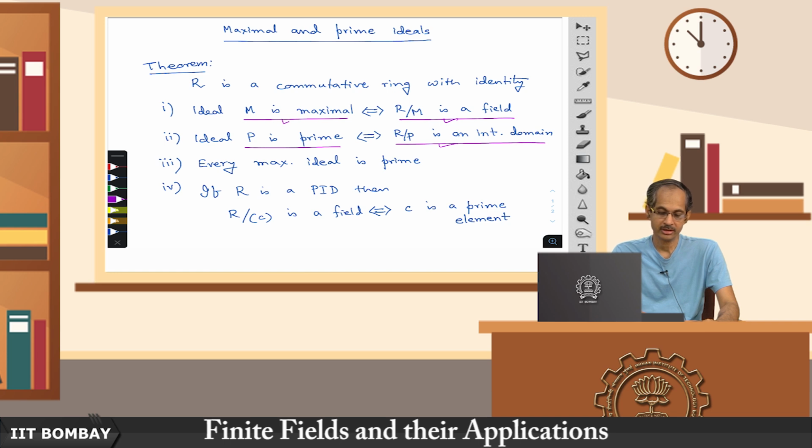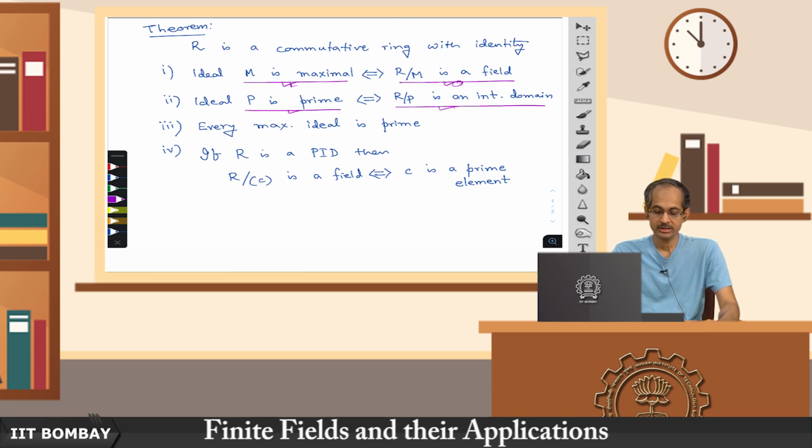So, a maximal ideal is also going to be a prime ideal as a result, because on the right hand side, the upper one implies the lower one. So, here also there are equivalent statements on the left hand side, and the upper one will imply the lower one. That is what this next statement says: every maximal ideal is prime.